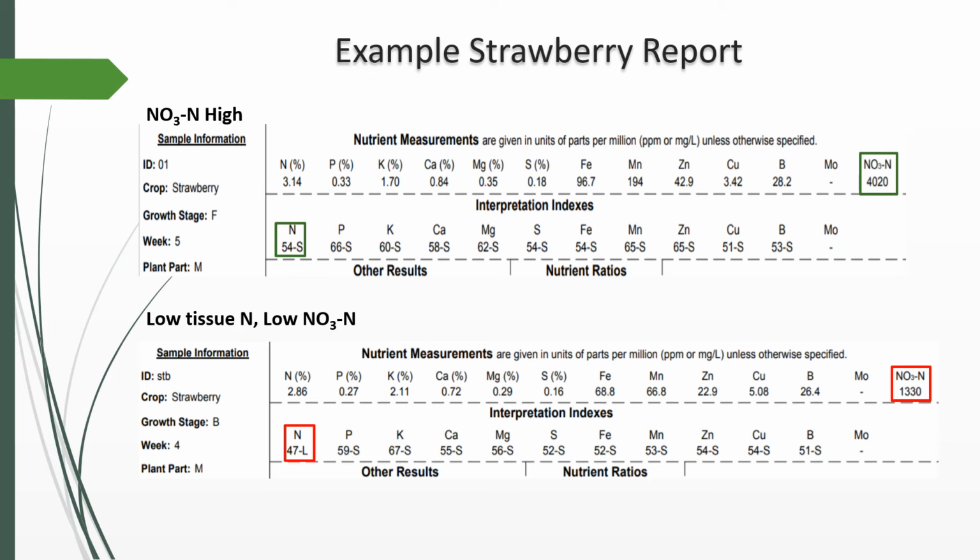Moving on to the bottom example, example 2, they both have a low tissue N and a low nitrate reading. The tissue N has an index of 47 and the NO3 reading is 1,330.